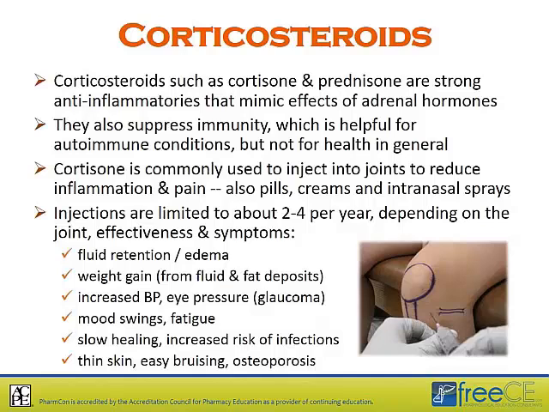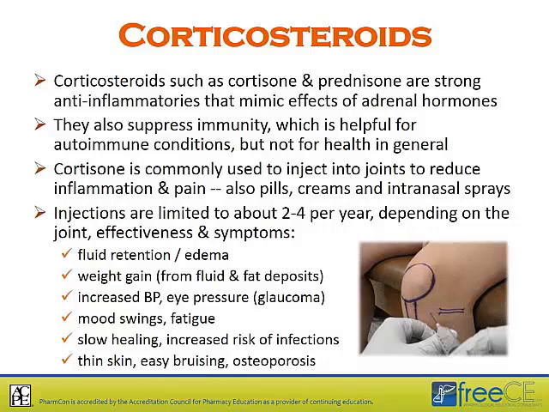Corticosteroids such as cortisone and prednisone are strong anti-inflammatories that mimic the natural effects of adrenal hormones. Corticosteroids suppress immunity, which certainly is helpful for autoimmune conditions such as rheumatoid arthritis, lupus, and others, but reducing immunity is not good for health in general. Cortisone is commonly used to inject into large joints, such as the knee and shoulder, and it reduces inflammation and pain quite well.